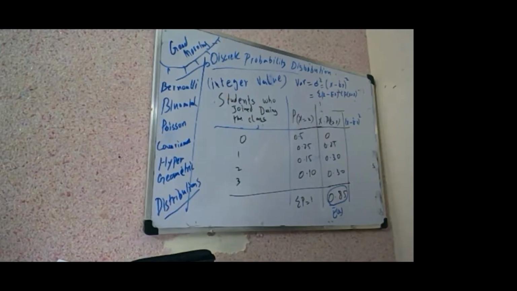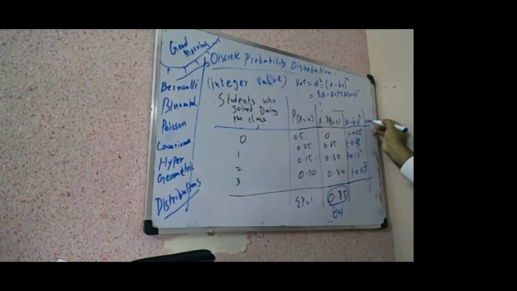So you can calculate 0.5 minus 0.85, minus 0.35 square, and then here 0.25, so 0.6 square, minus 0.6 square, minus 0.7 square, and minus 0.75 square. And then you can multiply this with the probability. So the answer of this times 0.5, this times 0.25, this times 0.15, this times 0.1, and you can calculate.